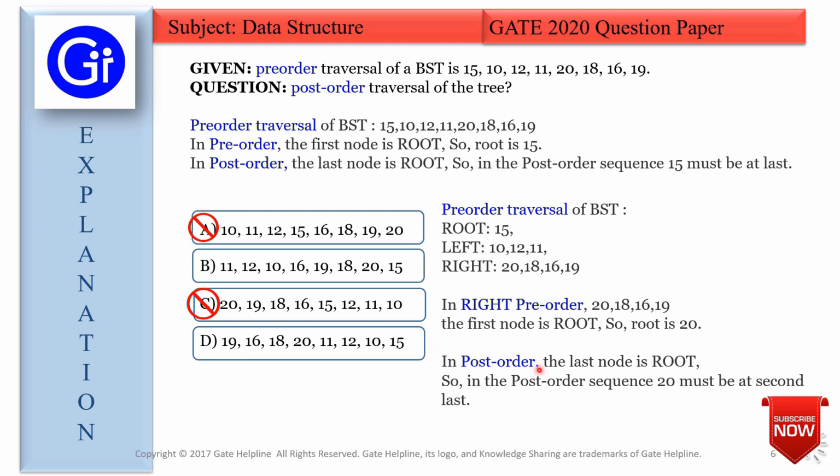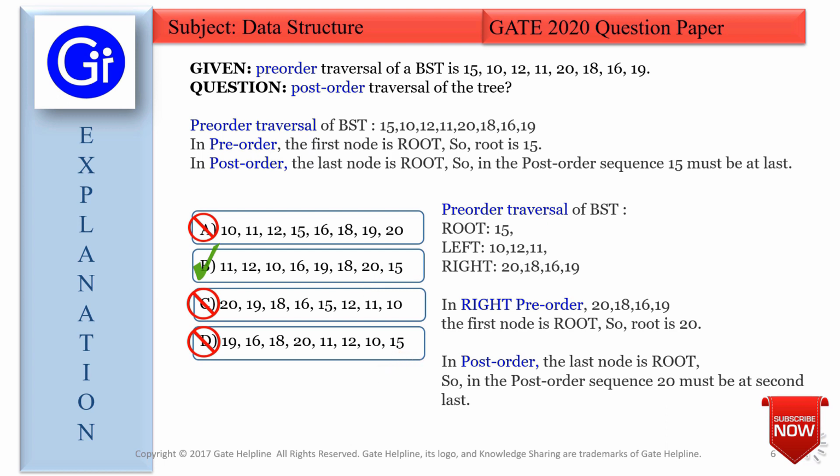In post-order the last node is root, so in the post-order sequence 20 must be the second last node. We will quickly check both the remaining options, B and D. Second last is 20 in B only. So B is the correct answer and D is the wrong answer.